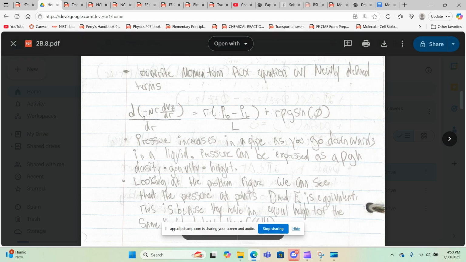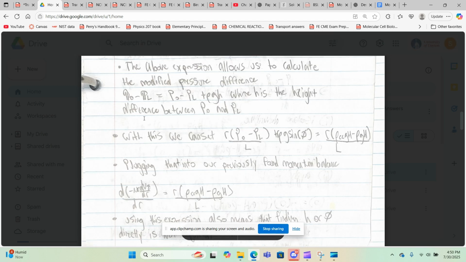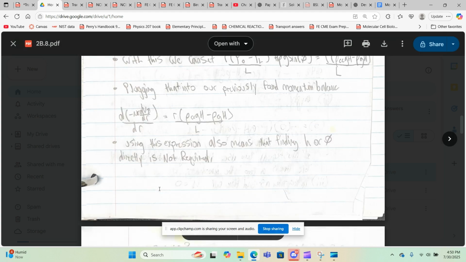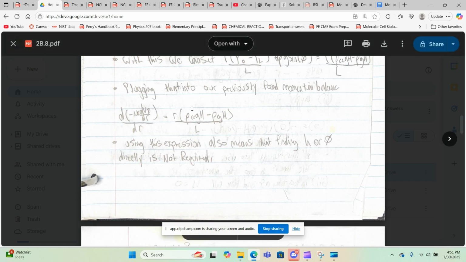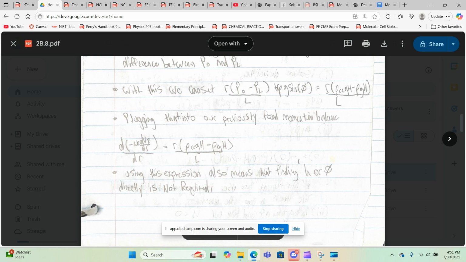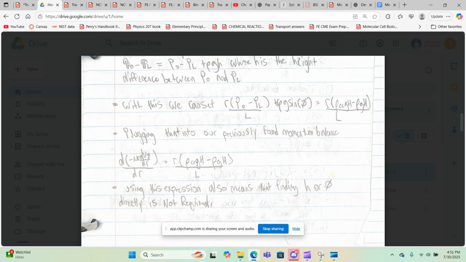So we get this derivative equals this function here, and that's what you get. Now with this expression, we can see that we don't need lowercase h, and we don't need theta, because obviously those terms aren't present, because we set h equal to other things and we were able to get rid of that term.